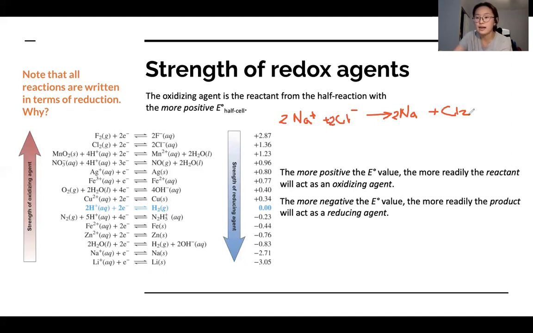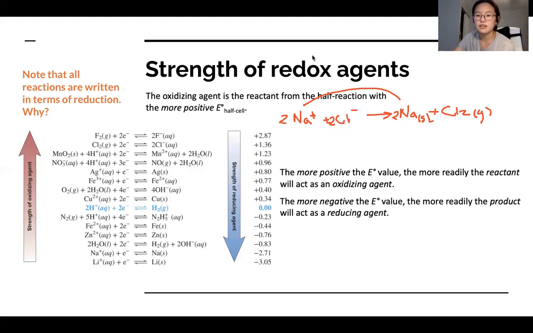So now our reaction is balanced. But we already know that it is very unlikely that Na plus ions and Cl minus ions will react to form Na solid and Cl2 gas. It is possible, but they don't want to do that. Na really wants to go the other way, and Cl2 gas really wants to go the other way.